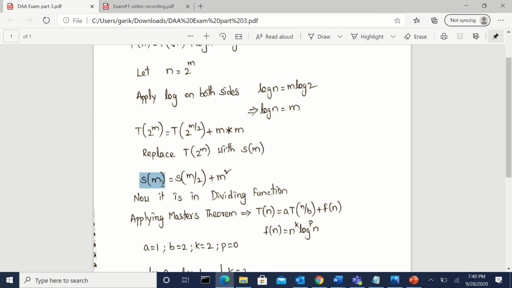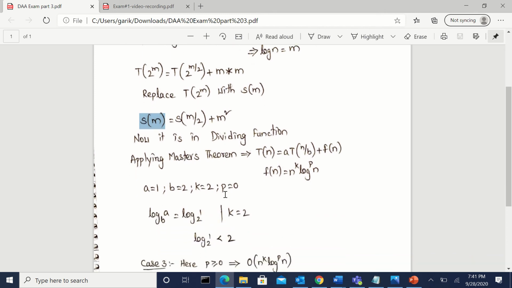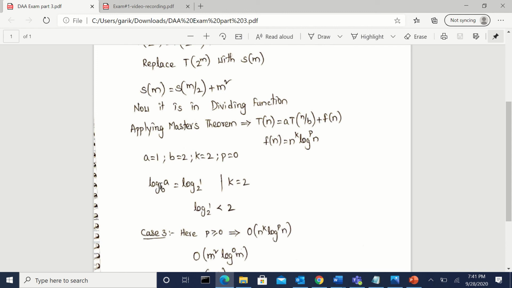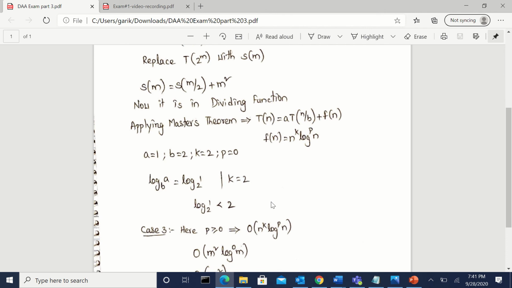S of m equal to, by replacing this, we have to convert it into the form of a dividing function. After converting it, we compare the r function with the dividing function, and then compare the values of log a base b to see under which case it falls in Master's theorem.